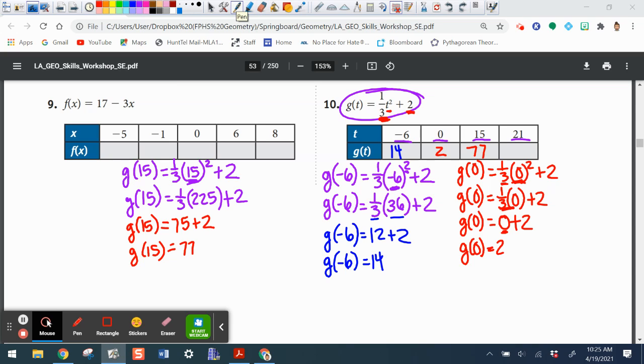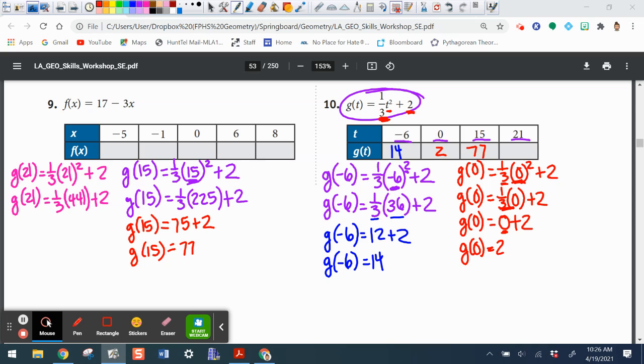And last but not least, 21. So g of 21 is equal to 1/3 times 21 squared plus 2. So we're going to take 21 and square it first, which will give us 441. See, exponentially larger, right? That's not 21 times 2, that's 21 times itself, which is 441.